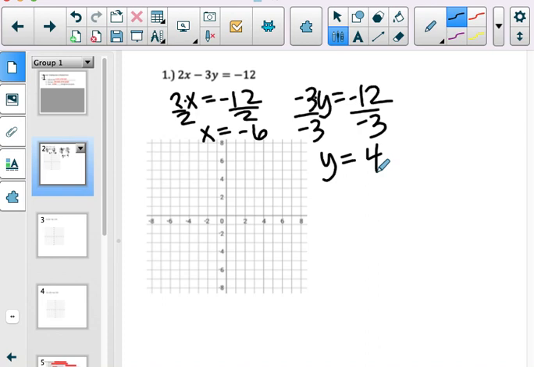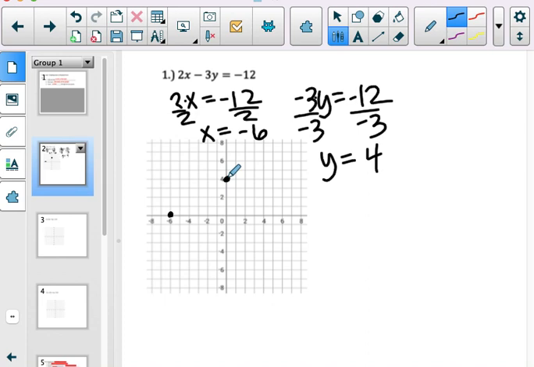So on the x-axis, I'm going to go to negative 6 and put a dot. On the y-axis, I'm going to go to 4 and place that intercept. Izzy's going to offer you a protractor to draw a straight line if you'd like. Okay?